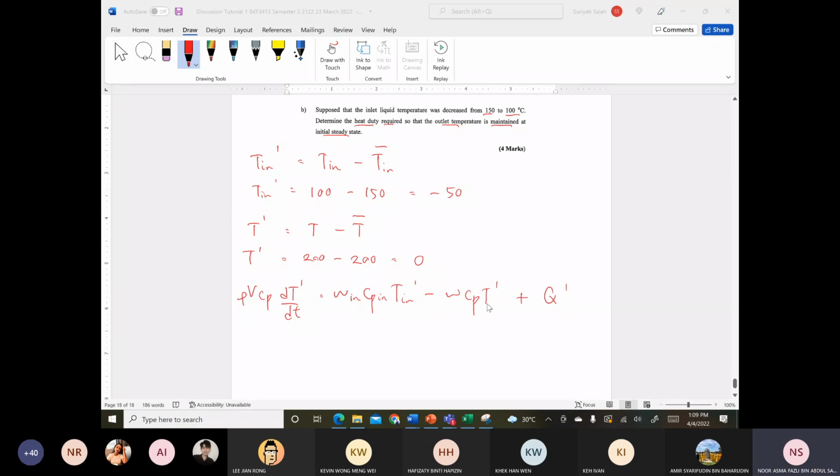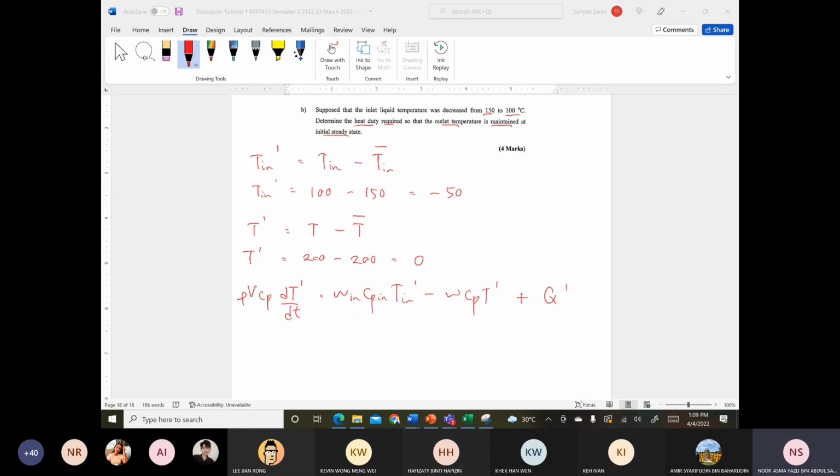So based on this, we use the deviation form to find the heat duty required. The deviation form is rho V Cp dT prime over dt equals W in Cp in T in prime minus W Cp T prime plus Q prime. Alright.